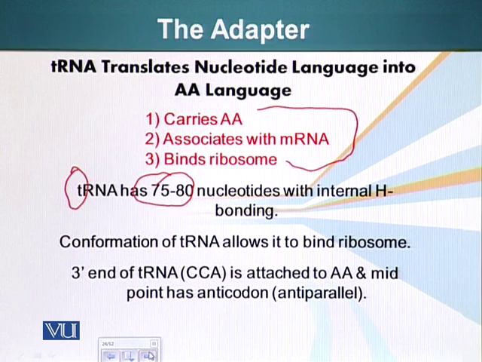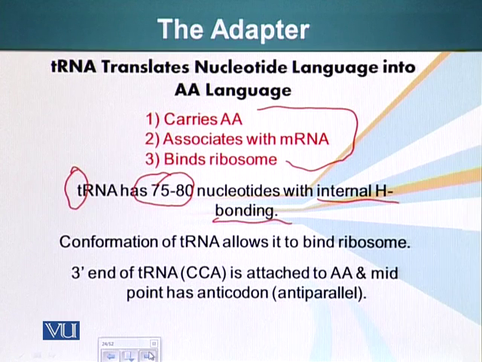We have several tRNAs, each carrying a specific amino acid and able to interact with a specific codon. It has a somewhat complex three-dimensional structure, which we'll look at. That structure is due to internal hydrogen bonding. I'll show you that.